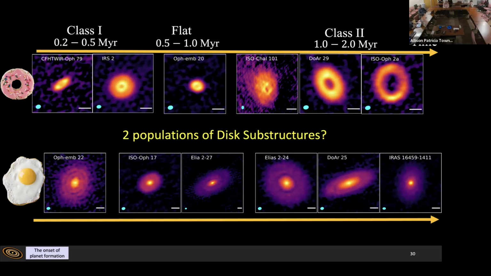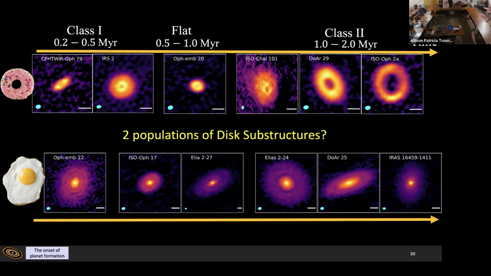Yeah, one last question. Just out of curiosity, to you and also the experts in the audience, is there any model where you form a disk with substructures already, but then you put additional parcels of gas onto the disk, additional accretion of gas?